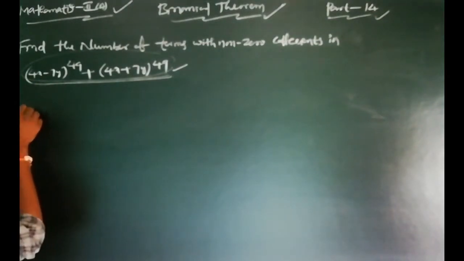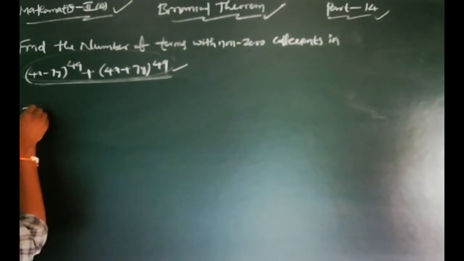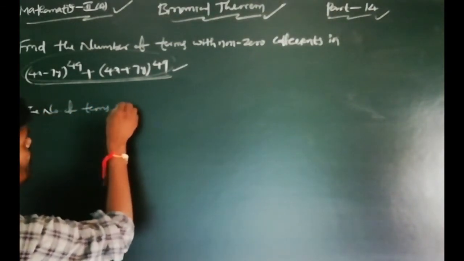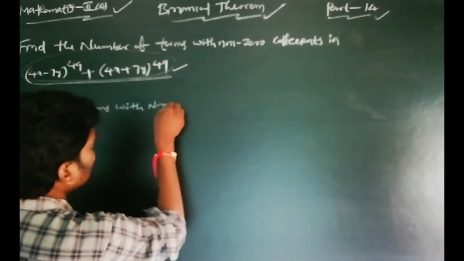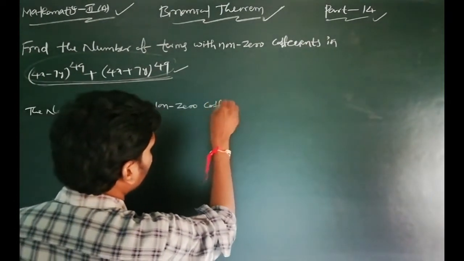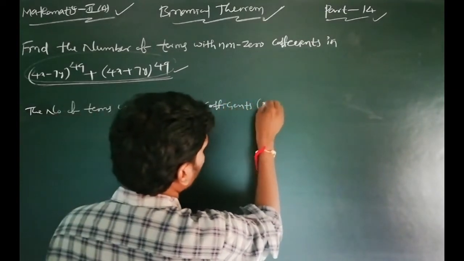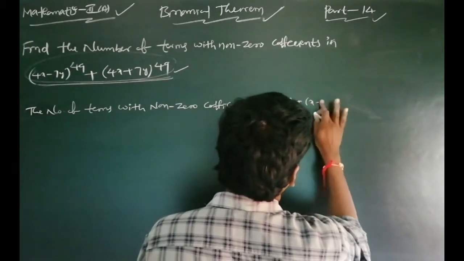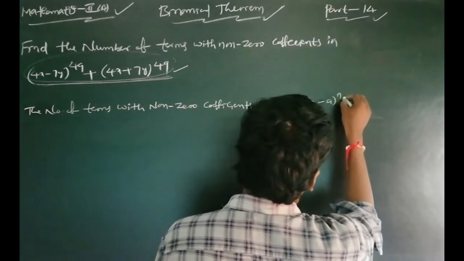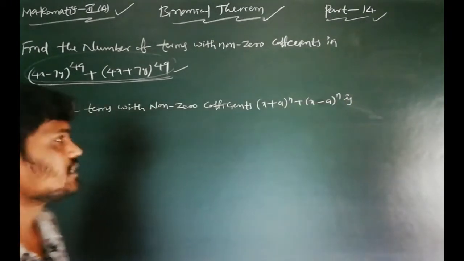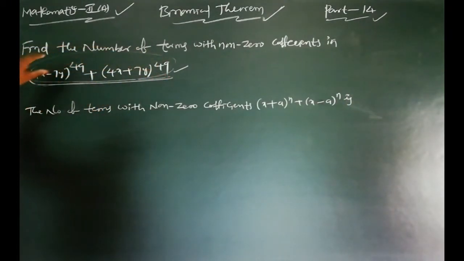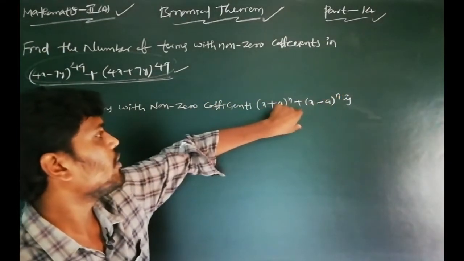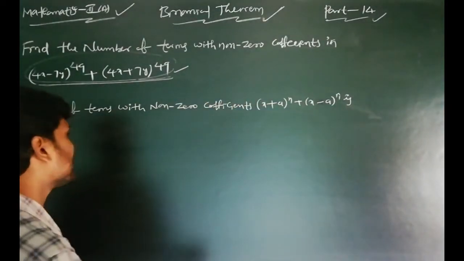Write the formula. Find the number of terms with non-zero coefficients in the expansion of (x + a)^n + (x - a)^n, or (x - a)^n + (x + a)^n. There are two cases.